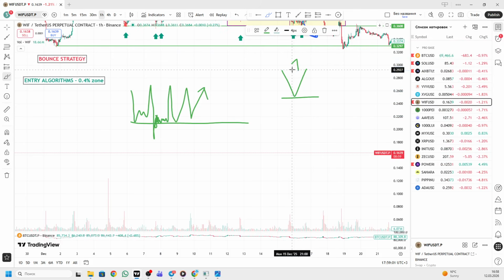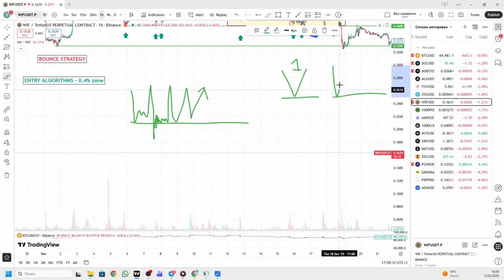This will be number 1. And let's say something like this kind of structure: goes up, down, then there will be a candle wick, then consolidation, then again an impulse up. This will be number 2.